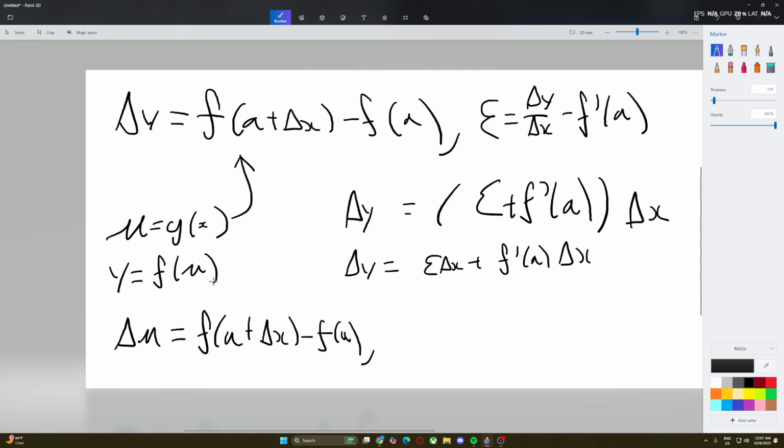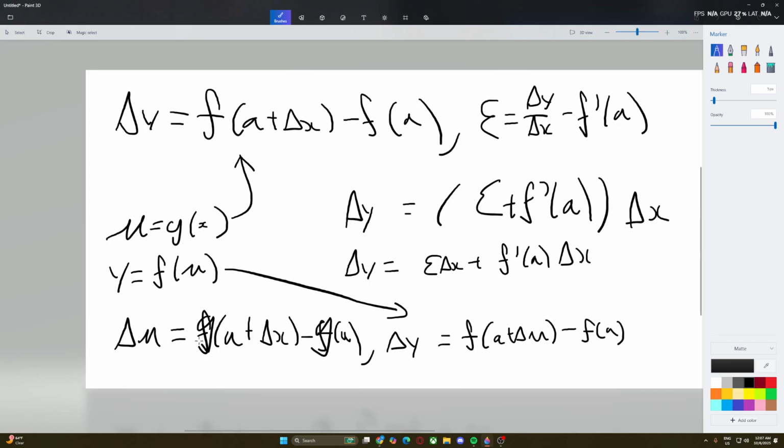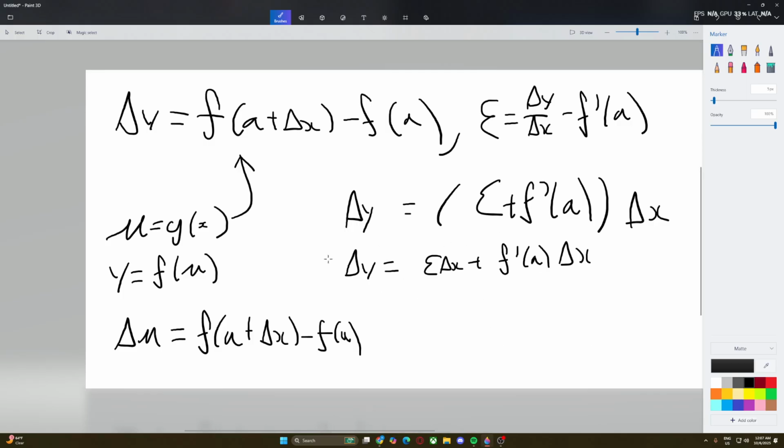And if we do the same thing for change in y, the change in y equals f of b plus change in u minus f of b. Or this should be g, my bad. And we do the whole process again, but now we use this version.